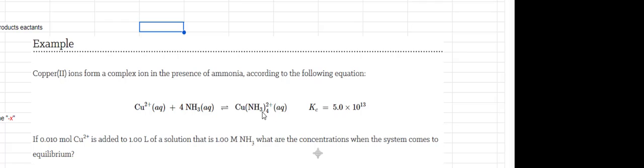Next, I'd like to do an example on that same page in OLI. Here we have copper reacting with ammonia to form what is called a complex. In this case, it's a cation. So just real quick, these 4 ammonia molecules are somewhat covalently bonded, weakly covalently bonded to this copper ion.